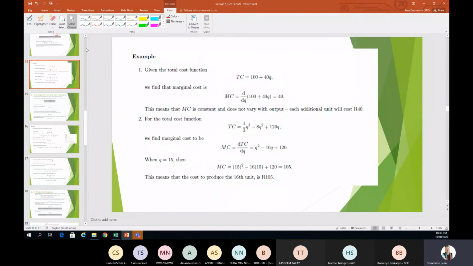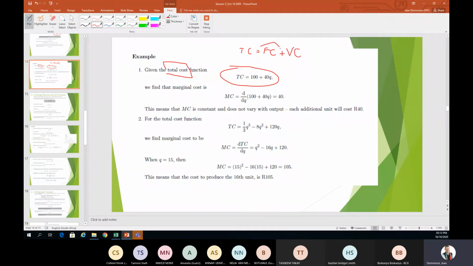Okay, so they tell us the total cost function is equal to 100 plus 40Q. Just as a tip, they don't do it in this one, but remember total cost is equal to fixed cost plus variable cost.